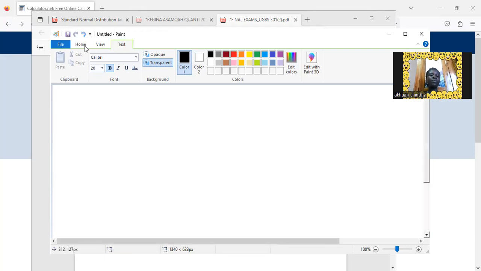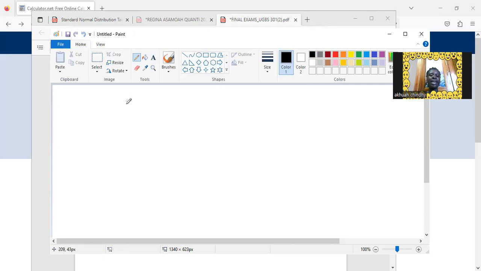In a binomial distribution, the formula is n factorial divided by x factorial into brackets n minus x, all brackets close, factorial, times p raised to the power x, times q raised to the power n minus x.